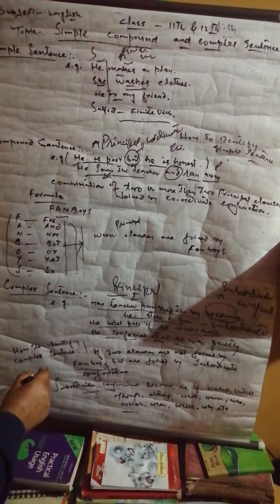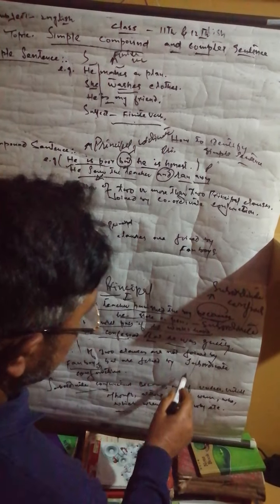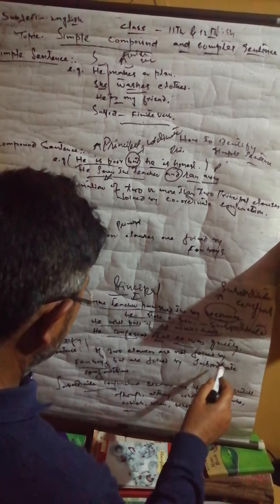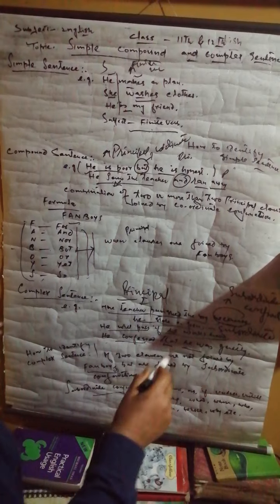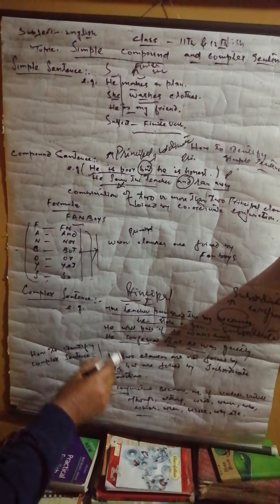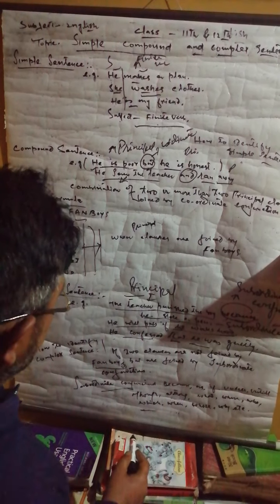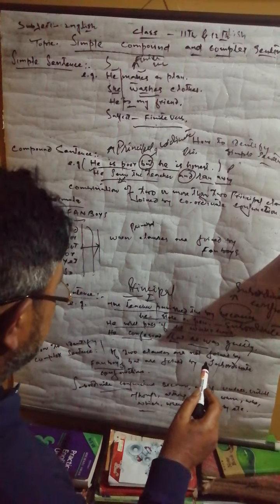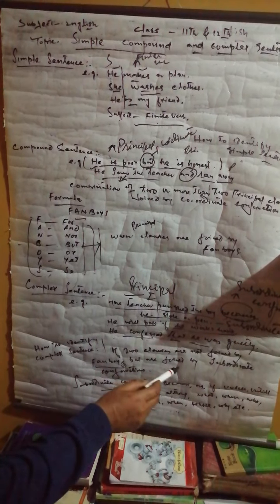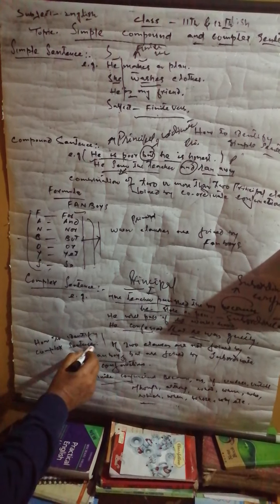And a complex sentence is a combination of two clauses, one a principal clause and another a subordinate clause, and there is one subordinate conjunction in a complex sentence. To identify it, if two clauses are not joined by FANBOYS but are joined by subordinate conjunctions, they are known as complex sentences.